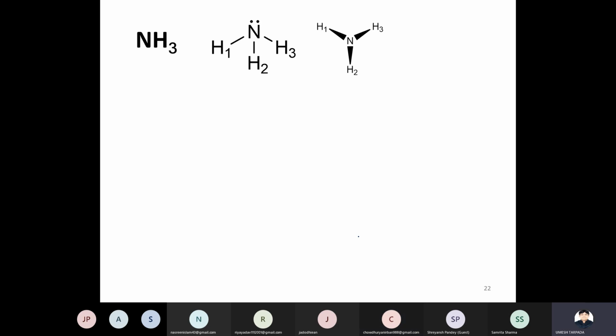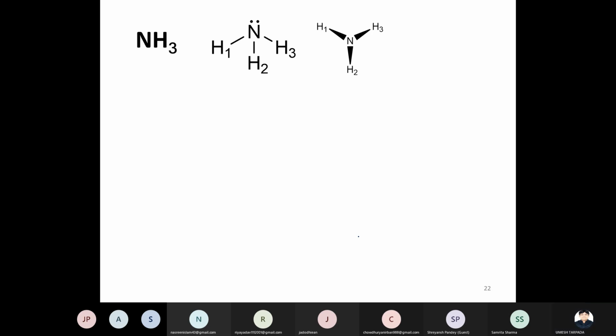The C3 axis is passing through which atom? H1? Because it's a pyramidal shape. No, C3 passes through the nitrogen atom, perpendicular. C3 is passing through the nitrogen atom. Okay, good. So one C3 is there.